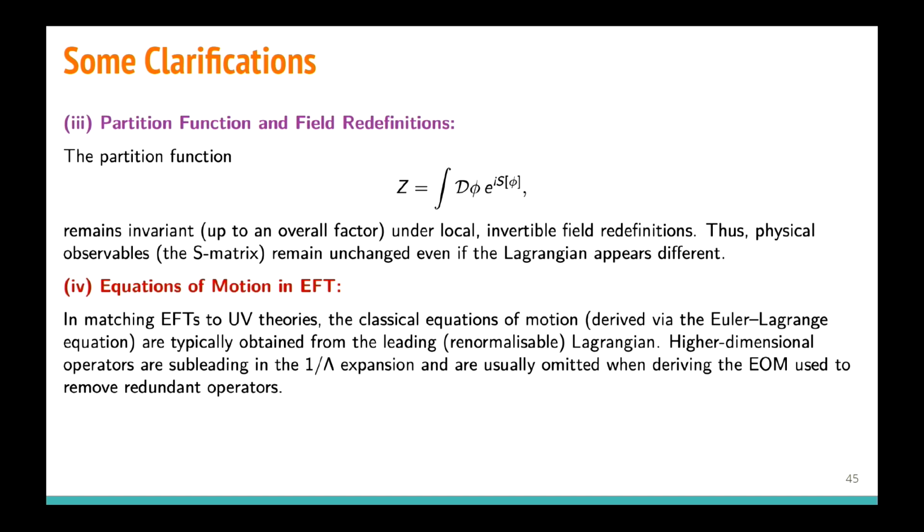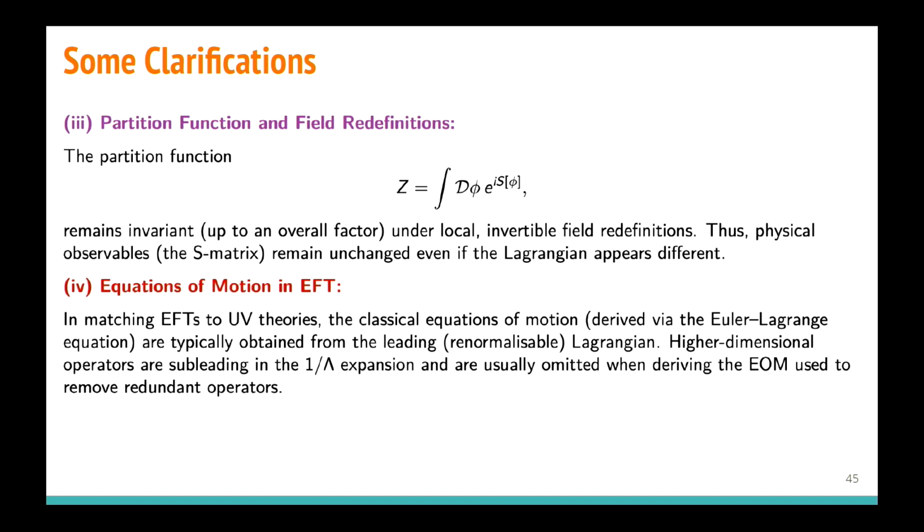The other day there were questions, so I thought about it a bit: why should equations of motion be used, and whether or not we should be including the operators with different redundancies before doing the equations of motion. As it turns out, the classical equations of motion, which are derived by the Euler-Lagrange equations, are obtained from the leading renormalizable Lagrangian.